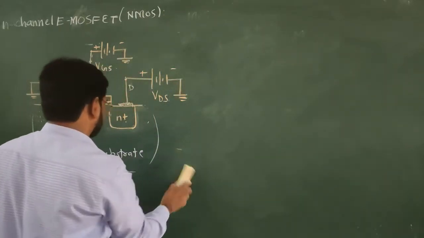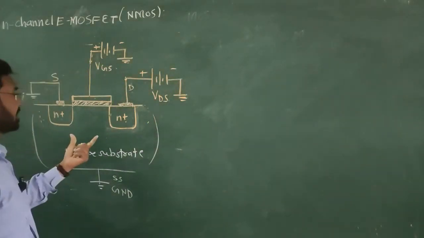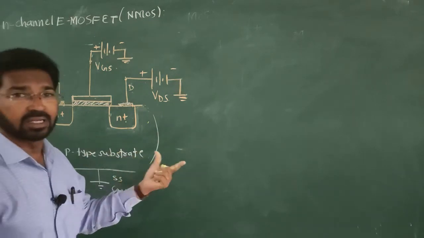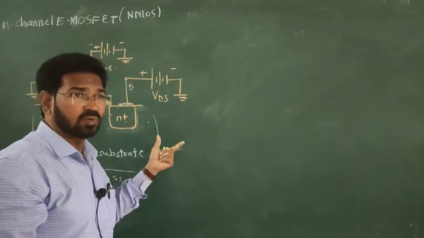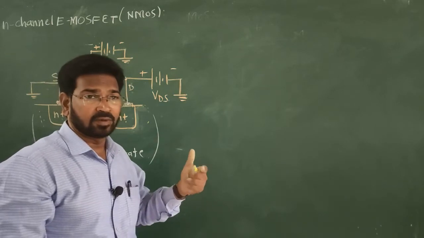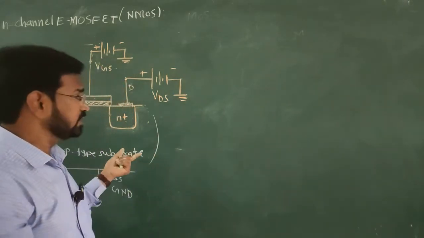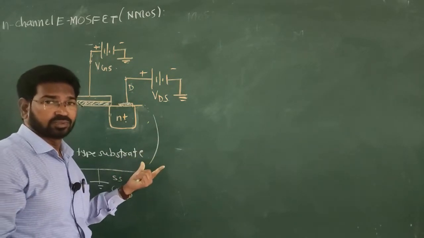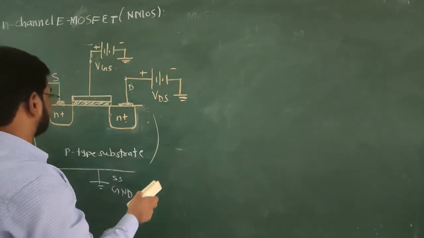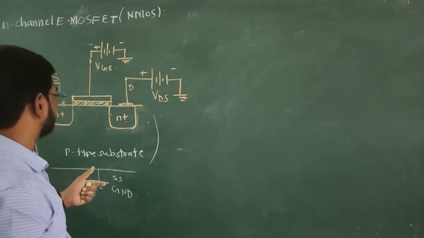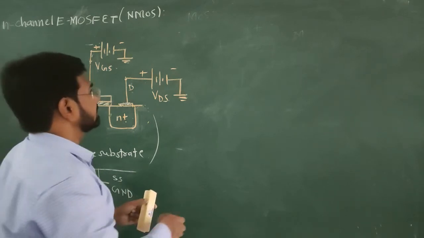This MOS transistor works as a voltage controlled current source. We have to understand how a MOS transistor, or N channel MOSFET, or NMOS can be used as a voltage controlled current source. That is our objective. We have to understand the working of the device. There can be different cases.